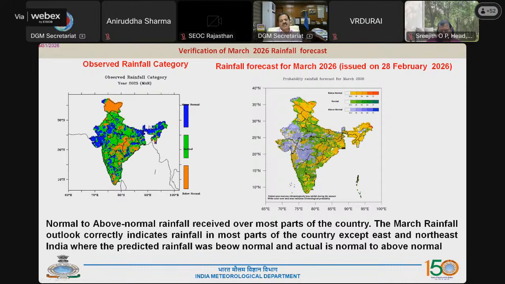I will say that it has predicted well in major parts of the country, except East and Northeast India, where it underestimated. It predicted below normal, but actually became normal to above normal rainfall.